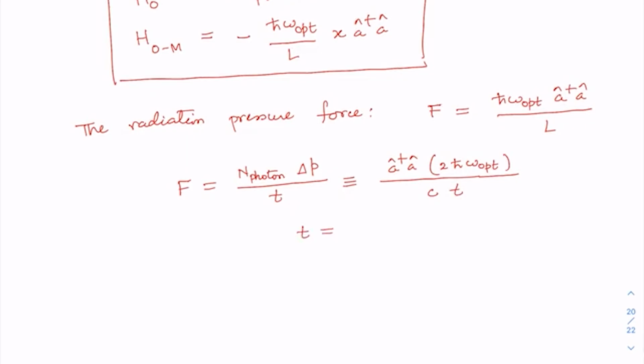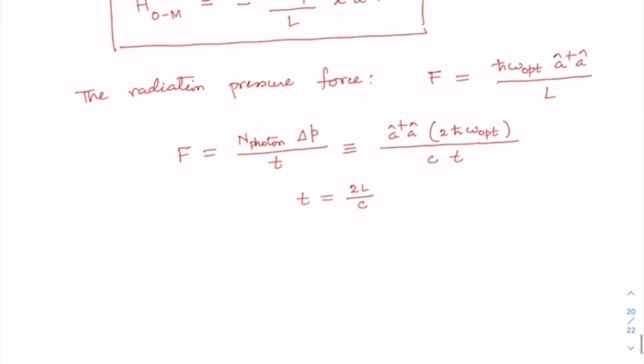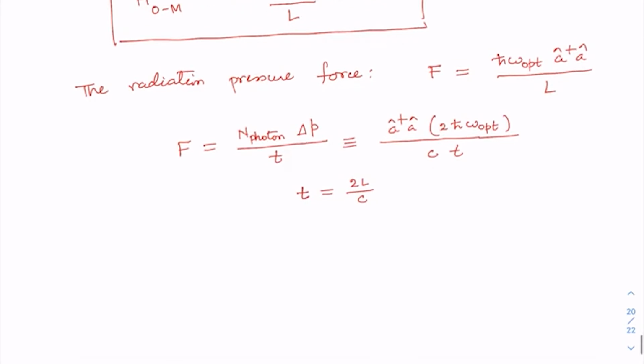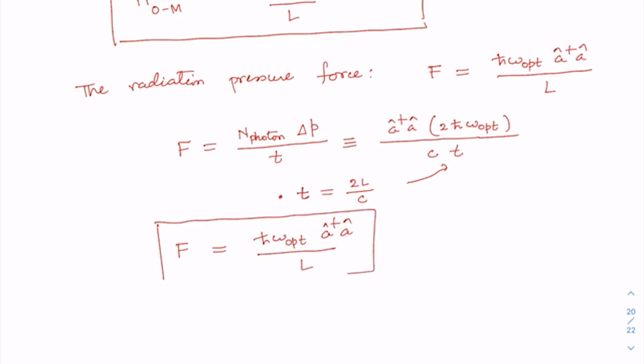But this t is basically the round trip time, and t is equal to, let's say, 2l by c. Okay, and therefore because x is very small, so I can take the round trip time to be like this. So therefore the force expression, if I put this here, then immediately you will see that we are going to get this expression h cross omega opt A dagger A divided by L. So this is the radiation pressure force.